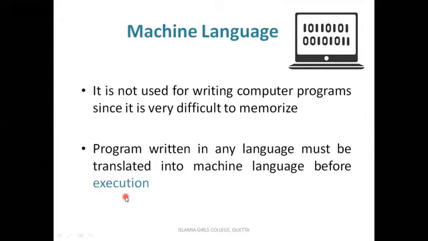Why? Because the computer understands only the machine language. And what do we mean by execution? By execution, we mean to act upon those instructions which you are giving, to carry out those commands. So before the computer can act on those instructions, they should be translated into the machine language so that the computer can understand them first.